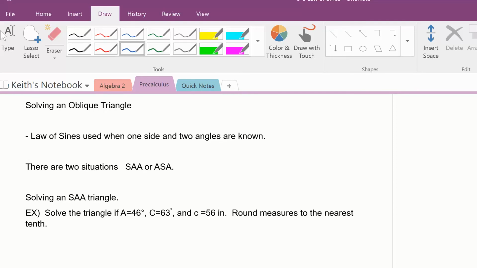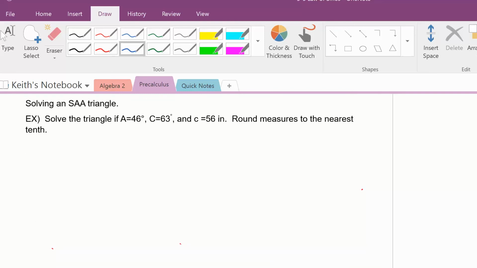There are two situations where you're guaranteed easy peasy law of sines, and that is when you have side angle angle or angle side angle. So here's a side angle angle triangle. The first thing we're going to do is draw the triangle.